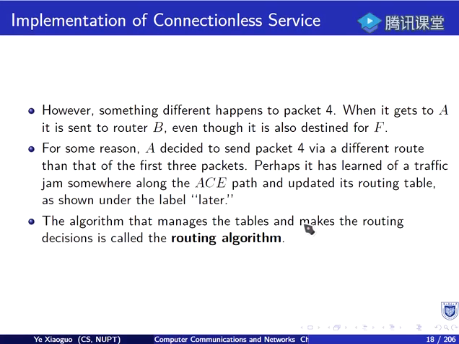However, something different happens to packet 4. What difference happens? When it gets to A, it is sent to B, even though it is also destined for F. For some reason, A decided to send packet 4 via a different route than that of the first 3 packets.